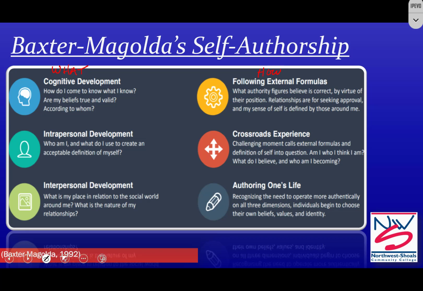One of the easier ways to visualize this theory is to look at these three domains: cognitive, interpersonal, intrapersonal, and where self-authorship is right here in the middle, the intersection of those three domains. That's where we find self-authorship.